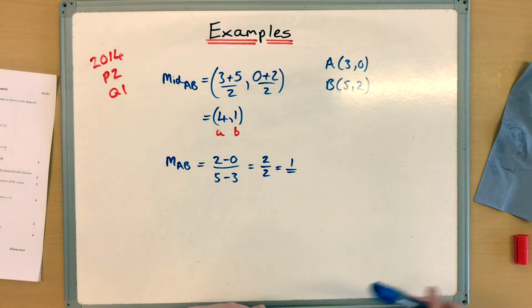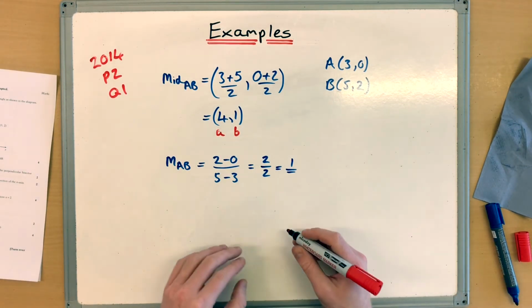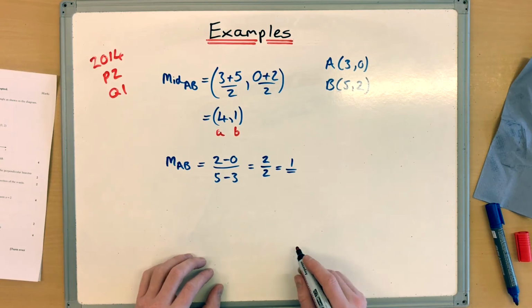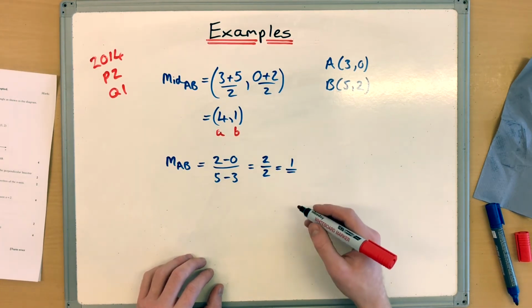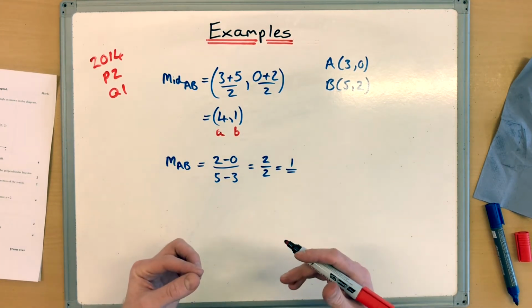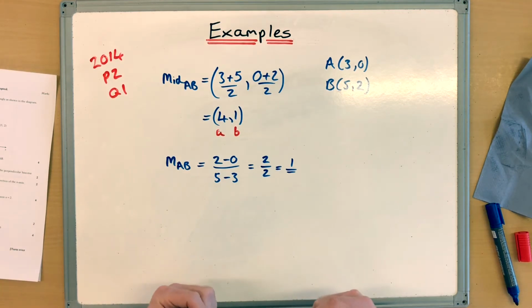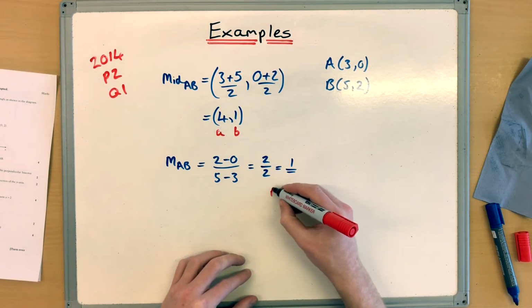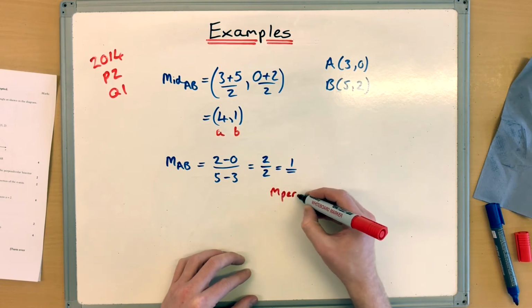Okay, so my gradient of AB is 1, and I need the perpendicular to that. So I can either think of 1 as 1 over 1 and flip it upside down, and I'll get minus 1 over 1, which is minus 1. It's often easier just to try and remember that the perpendicular to 1 is minus 1.